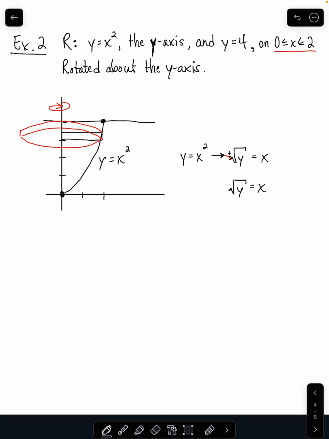So in this case, instead of doing it with respect to x, our volume is going to be from y equals a to y equals b, and pi times the function of y squared times dy.